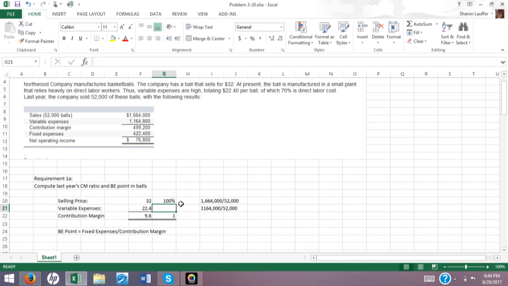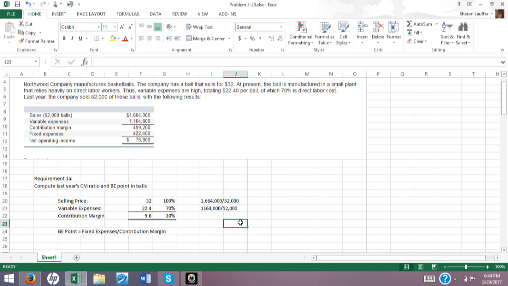Our variable expenses are what percent of the sales price? We do the math on that and come out with 70%. So 100% minus 70% is 30%. So up here we've got 32 minus 22.40 is $9.60, which is 100% minus 70%, a 30% contribution margin.